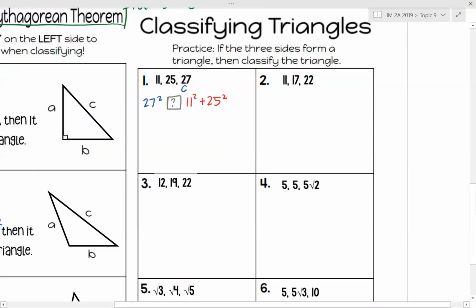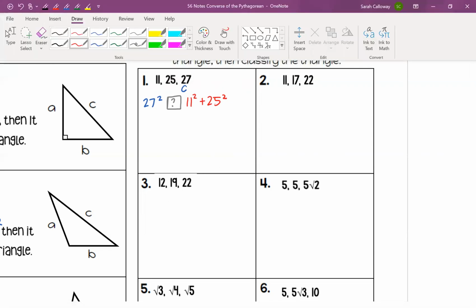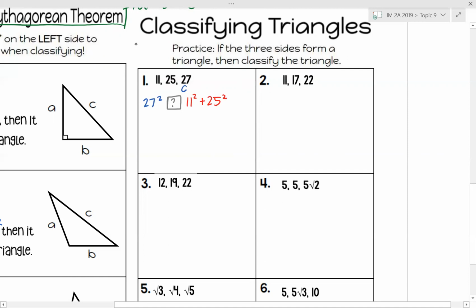When we're doing these, we're still doing a comparison like we did with triangle inequality, but we have 3 different possible answers. In addition, we're squaring each piece, whereas in triangle inequality, we just took the sides to determine if it's a triangle. Here, we know they're a triangle, we're classifying.